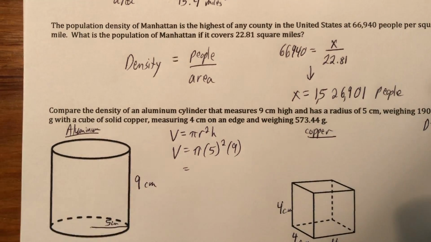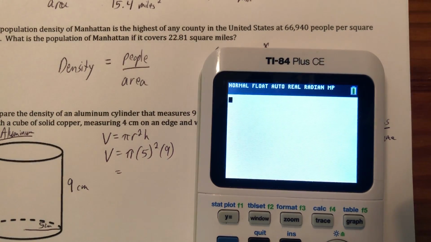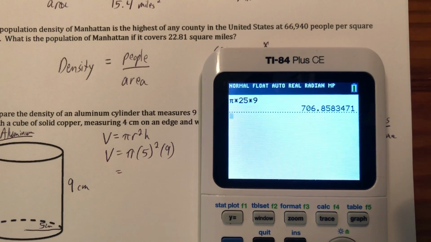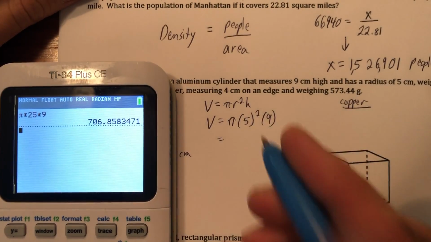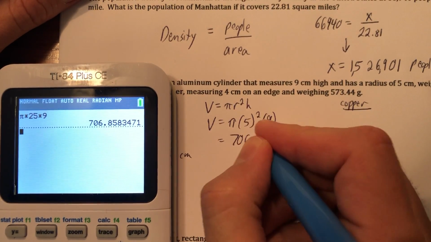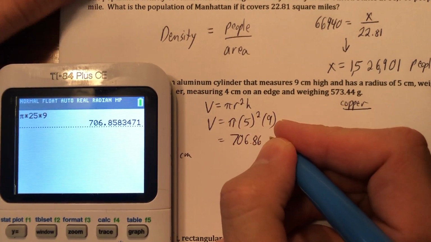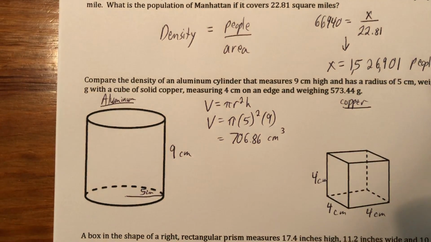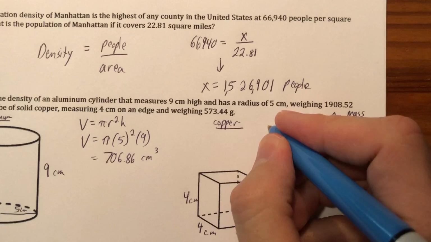And we will call this what it is. It's going to be cubic centimeters. So pi times 25 times 9. Whoops, I put a 6, that's a 9. And so let's do a couple decimal places just for fun. 706.86. And again, we're dealing with volume, so this is centimeters cubed. So cubic centimeters. So let's come over here and find this volume.